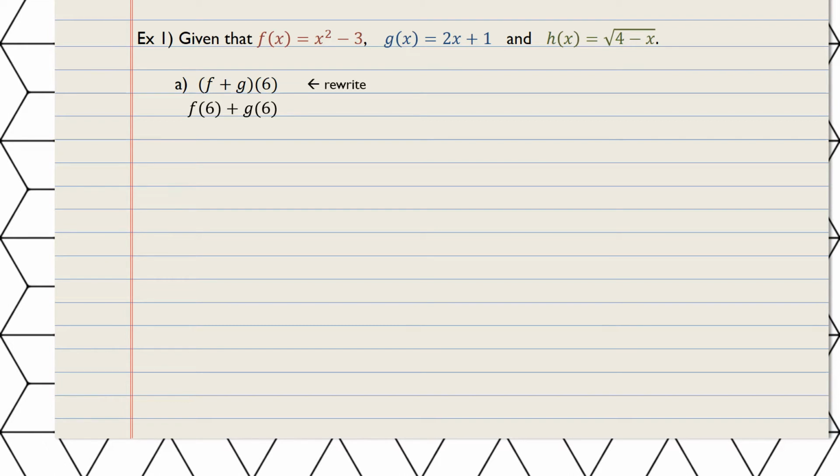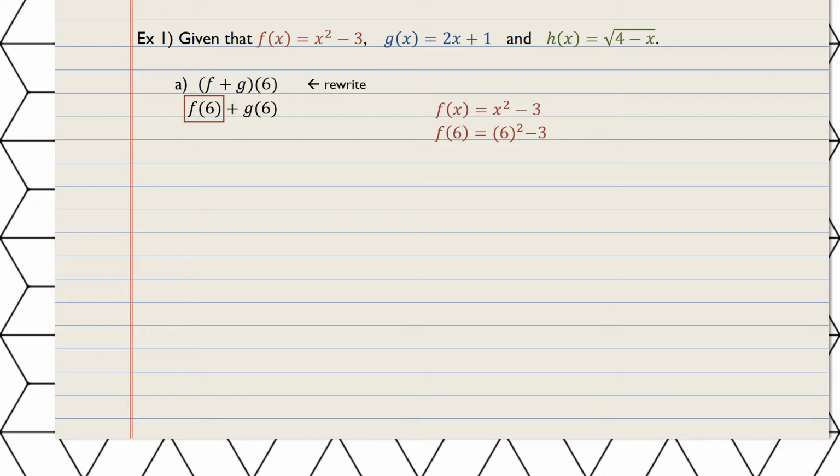So the first function we see is f of 6. Well, what that means is we must use the f function, which is f of x equals x squared minus 3. And in place of x, we will use the value 6. Once we've placed the value in, we now follow GEMS.